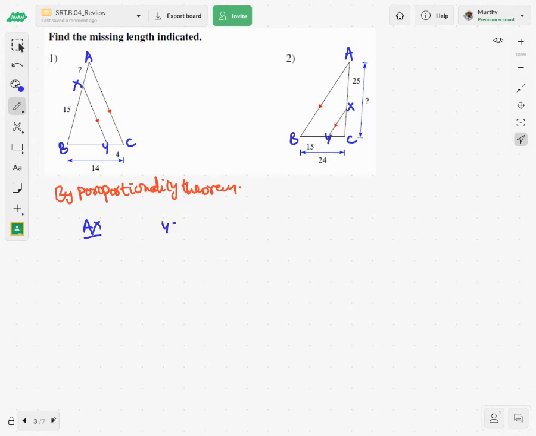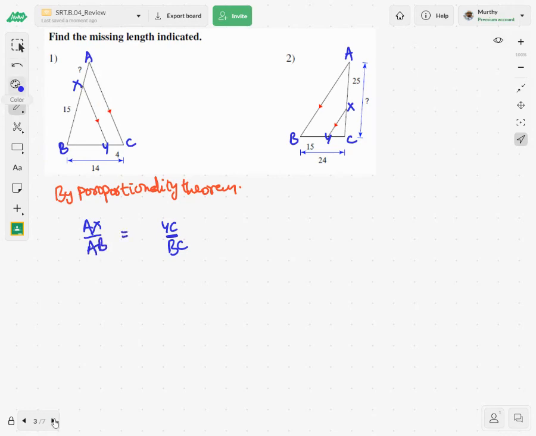Don't take it as denominator. And next, the whole length is to be taken, which is BC, and here the whole length you have to take. So YC over BC, please notice that YC and BC are on the same side. So I'm taking them as fractions. AX, and then I have to take the whole length as AB.